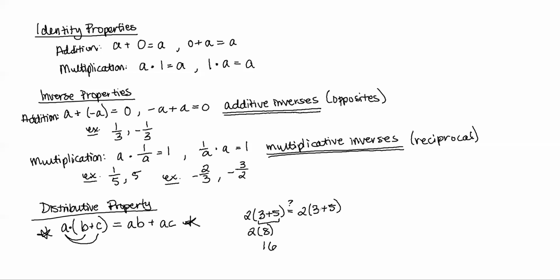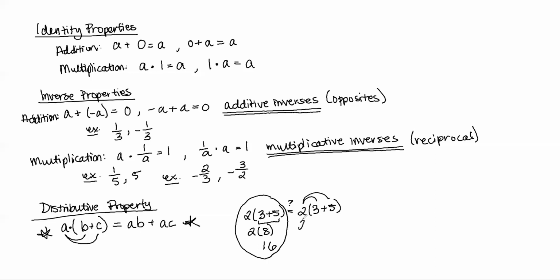And now on the right side, normally we don't use the distributive property with just numbers because it's usually easier to go through and do it this first way. This way is going to need to be used when we have variables, which we'll see in a second. But let's go ahead and try distributing this.